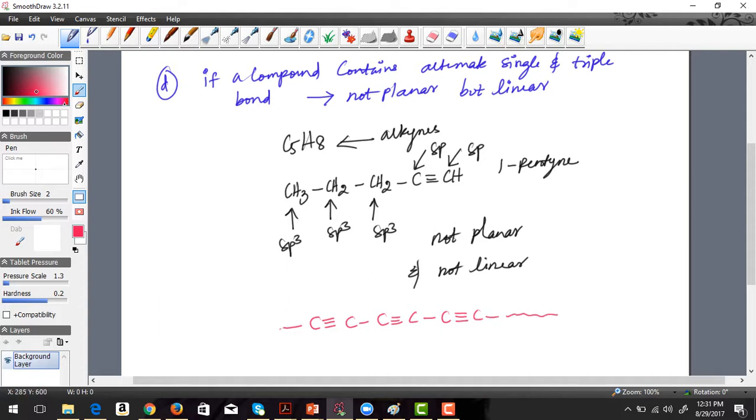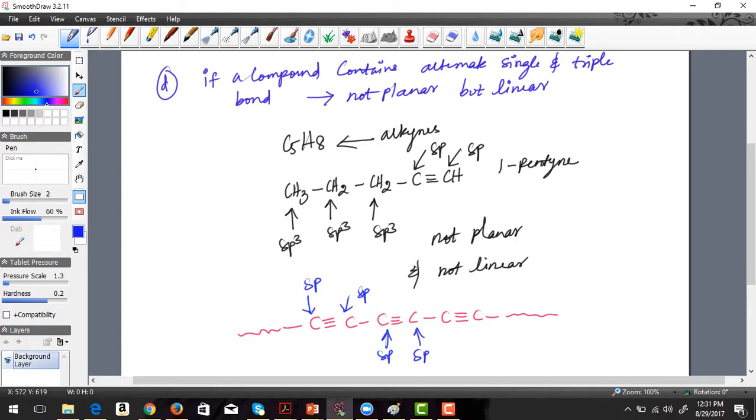Now if we come back and label this, you notice quickly this is a carbon attached to a triple bond, even though it's attached to a single. That's all you need to know. sp, sp, sp, sp, and the list goes on, right?